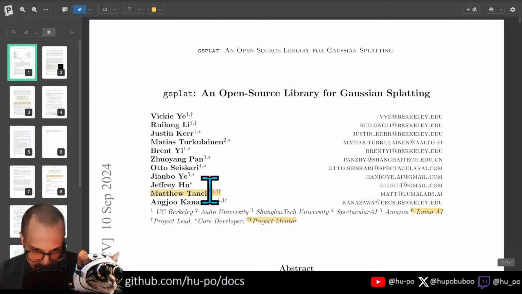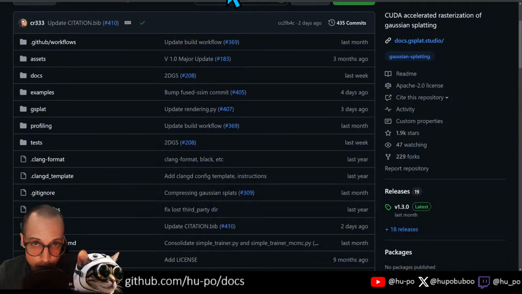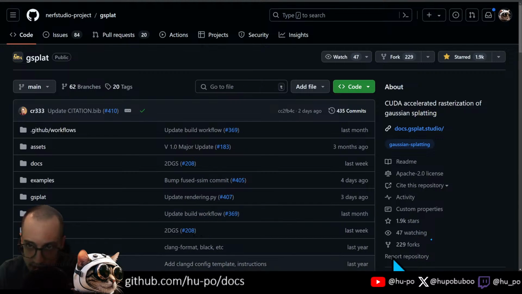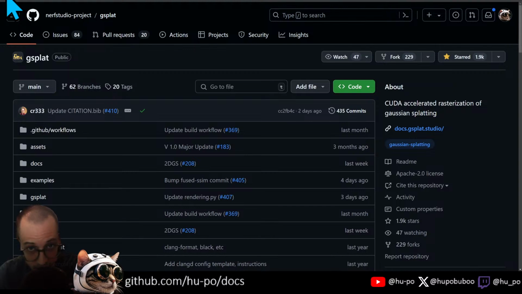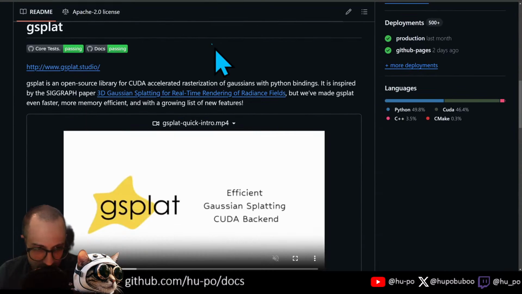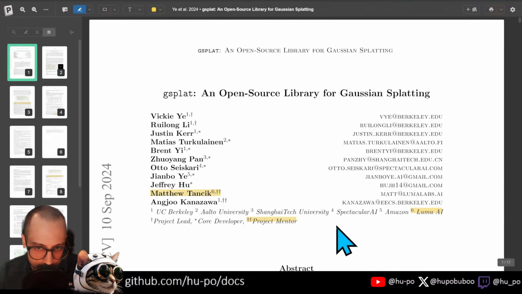So this paper is interesting because it's an open source implementation of Gaussian splats, which is something that was missing for a while, right? So this is the actual repo, and this comes from the Nerf Studio project, which is actually a pretty high quality Nerf repo. So now these guys got together and they made a pretty high quality Gaussian splat repo. And the reason this is very important is because for a while, the implementations of Gaussian splats were all over the place, right?